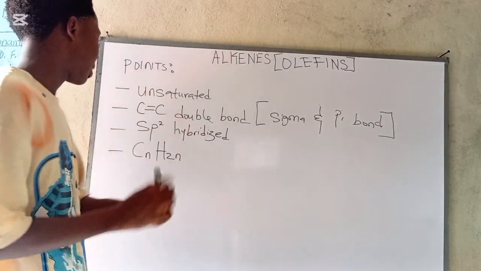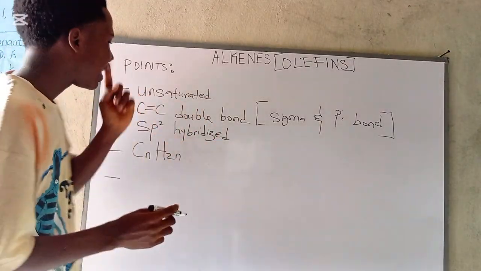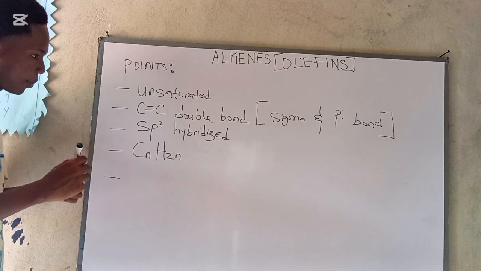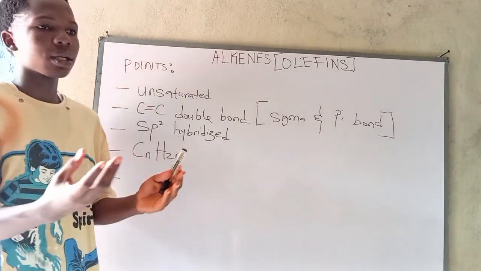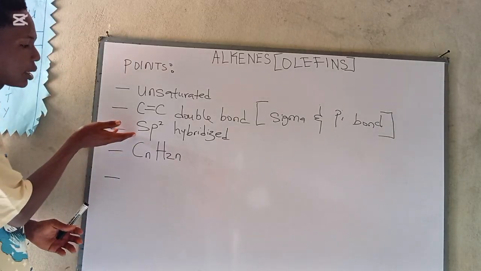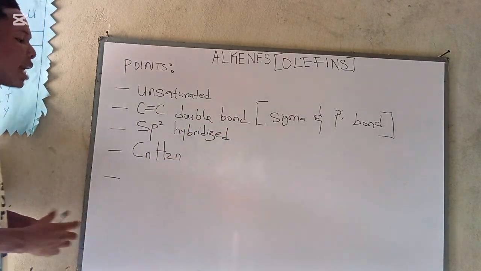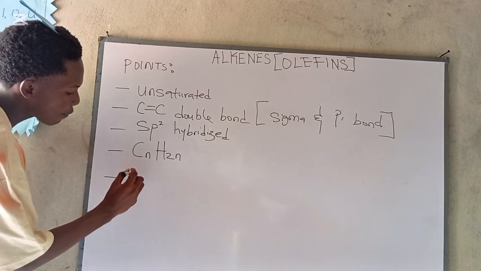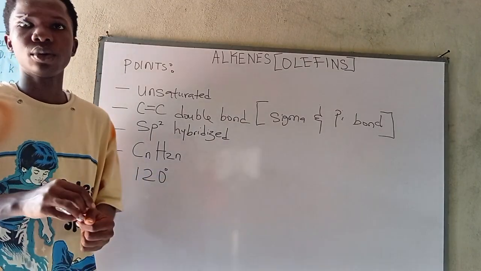That's the formula. Now, the next thing we have to note about these alkenes is the bond angle. Most times, compounds which possess sp2 hybridization normally have a 120-degree bond angle.